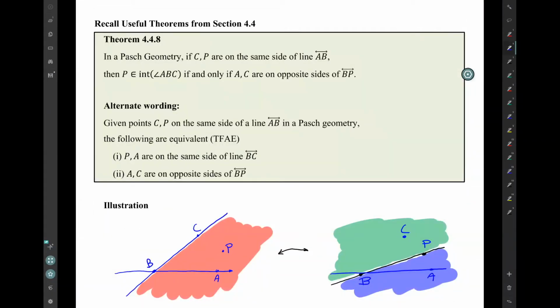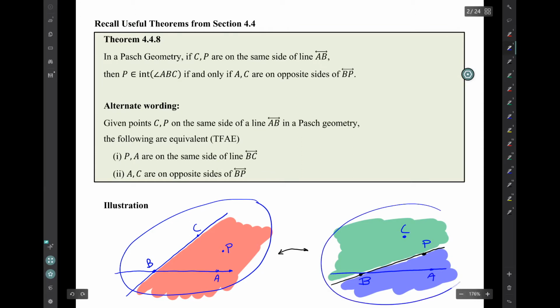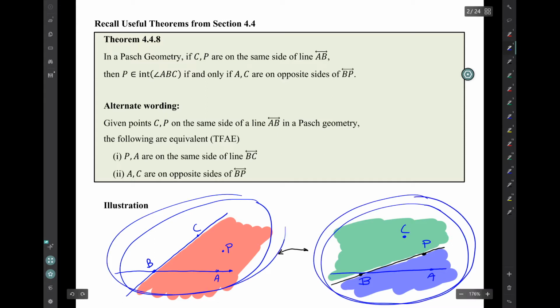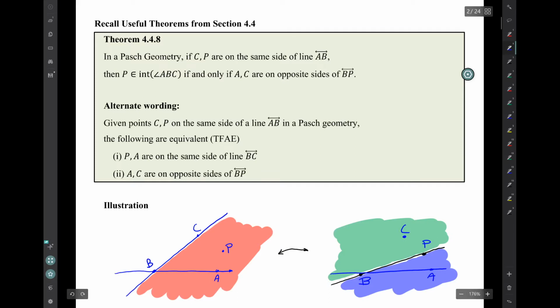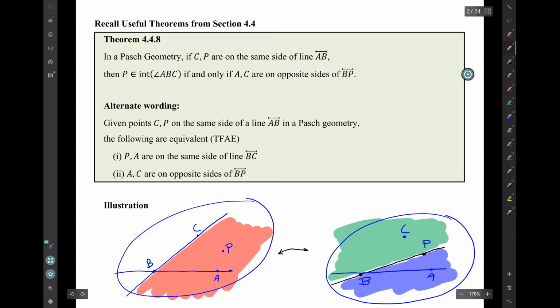This theorem says that if this point is in the interior of that angle, then these points are on opposite sides. Or if these points are on opposite sides, then that point is in the interior of that angle. So that's the direction we'll be using. We know something about points being on opposite sides, and we're going to use that to say something about points being in the interior of an angle.